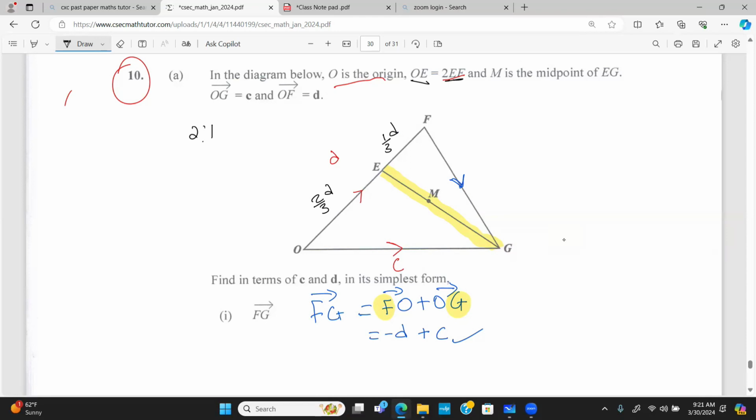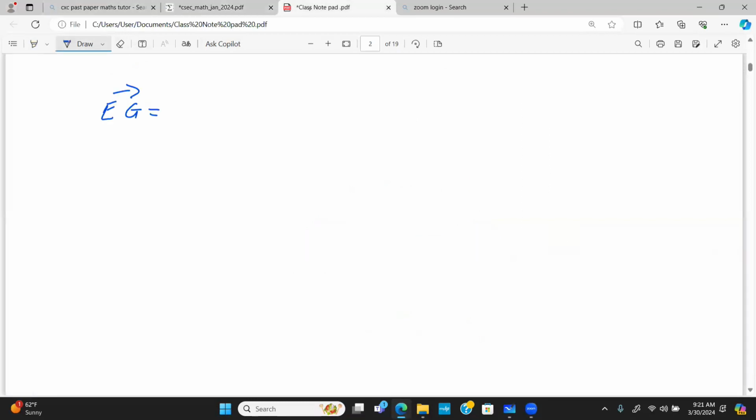Basically then, I want to find EG. EG is going to be me moving from E to O, and then O to G. That's the movement that I'm going to do now. E to O, O to G. Let's put it on. So EG is E to O plus O to G. Again, you would see that this is where I start, this is where I'm ending, so you could see them on the 2 ends.